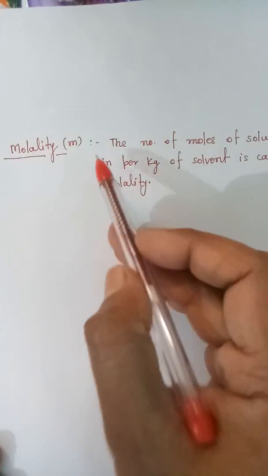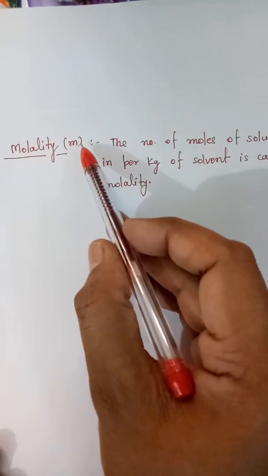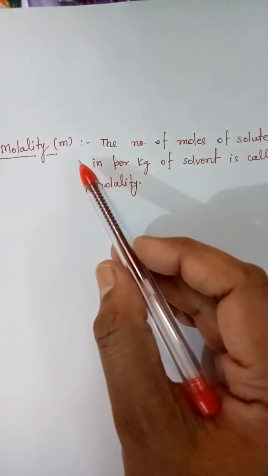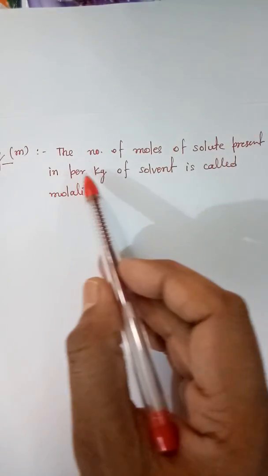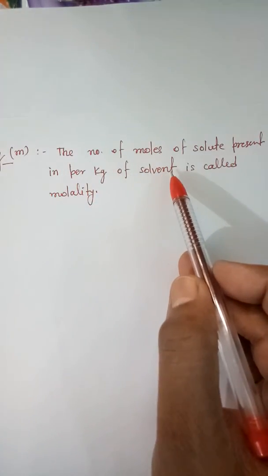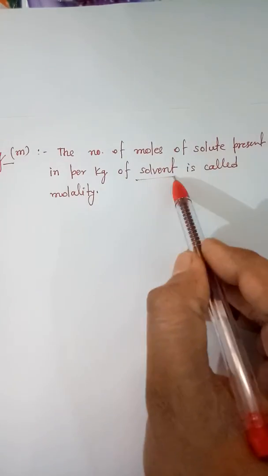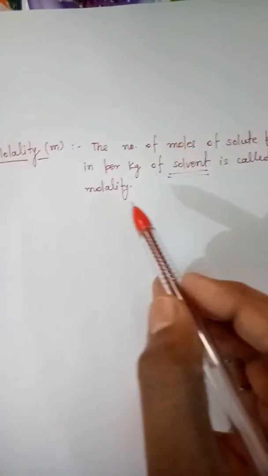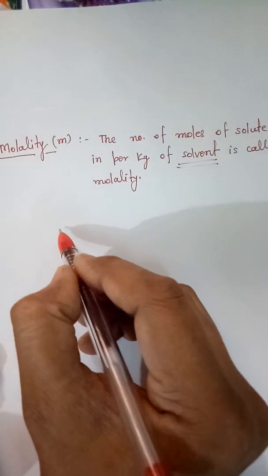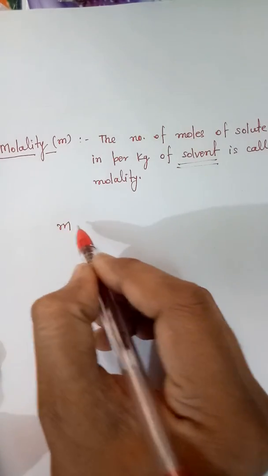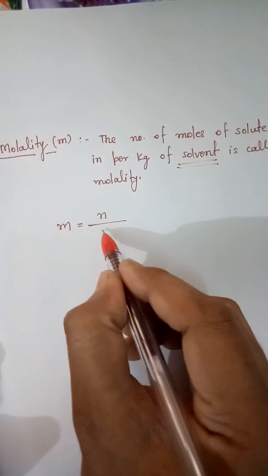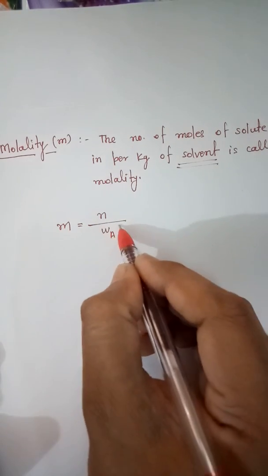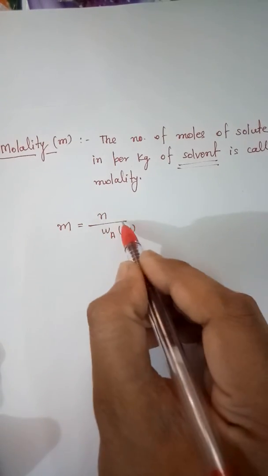Now the molality. Molality can be expressed by small m, and it can be defined as the number of moles of solute present per kilogram of solvent. That is called molality. So molality equals moles of solute upon mass of solvent in kg.